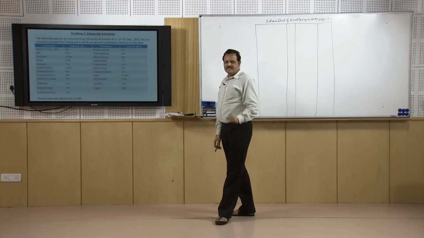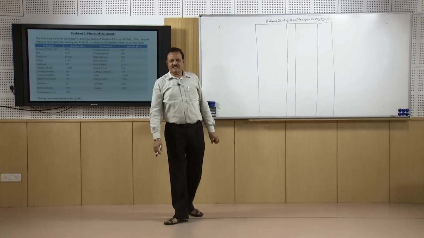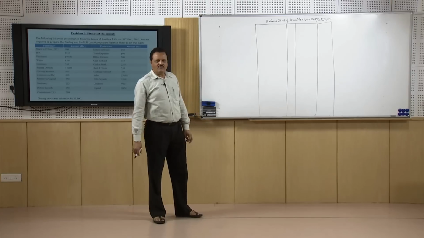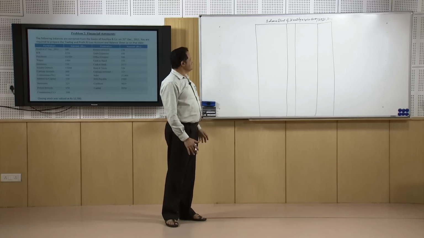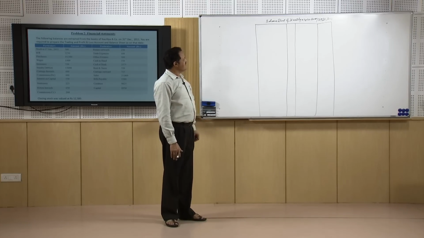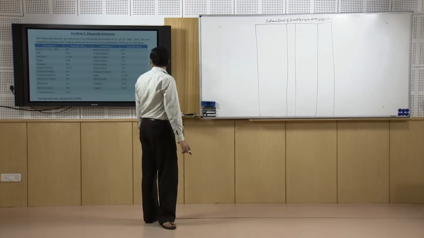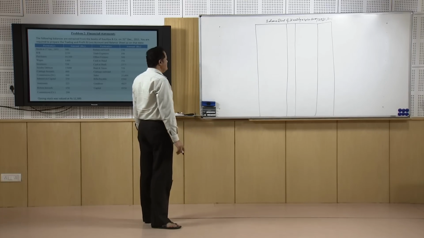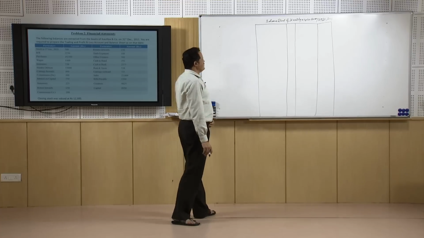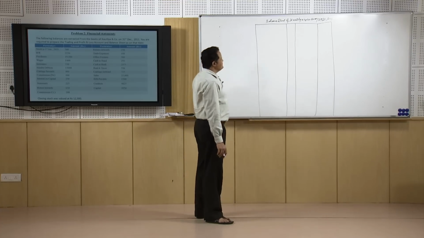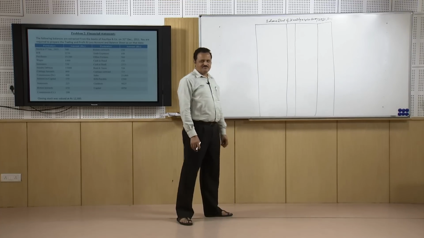What was the title there? Trading and profit and loss account of a particular company, meaning the name of Kautilya and Company, for the year ending on 31st December 2011. And now we have put it here, balance sheet of Kautilya and Company as on 31st December 2011.